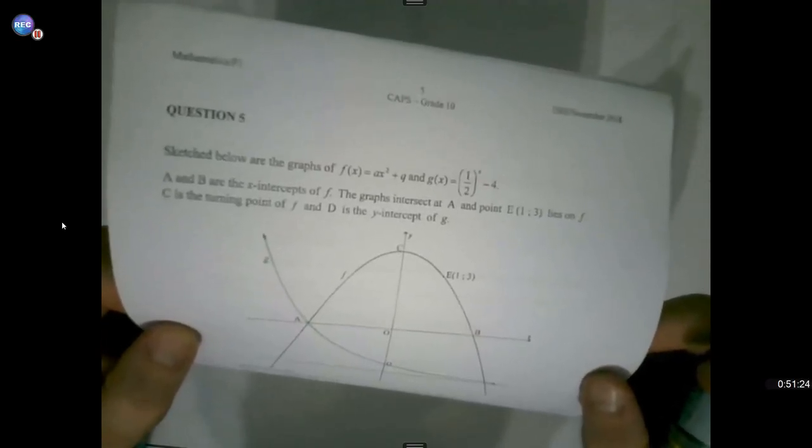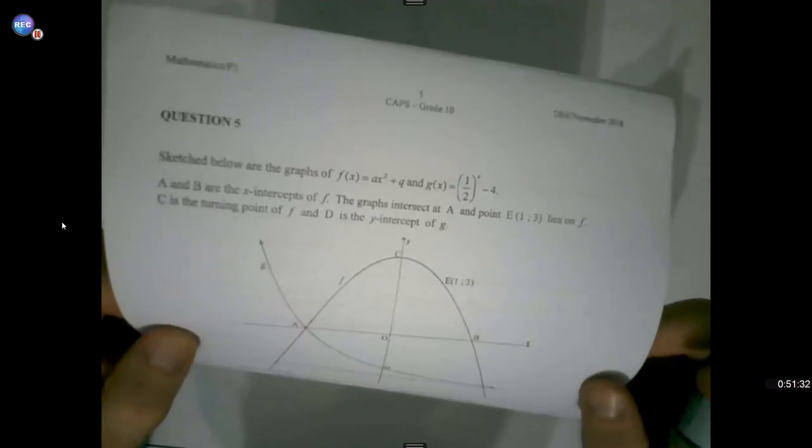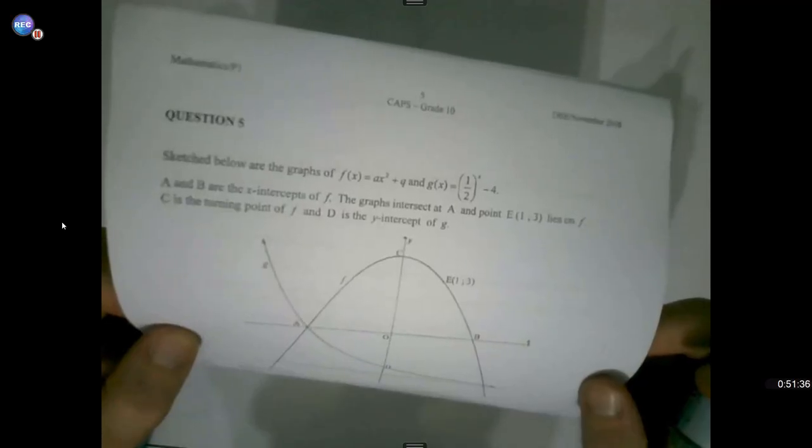The graphs intersect at A and point E lies on f. C is the turning point of f and D is the y-intercept of g. If you look at the graph, you'll see that it's got a maximum turning point. So just keep that in mind.